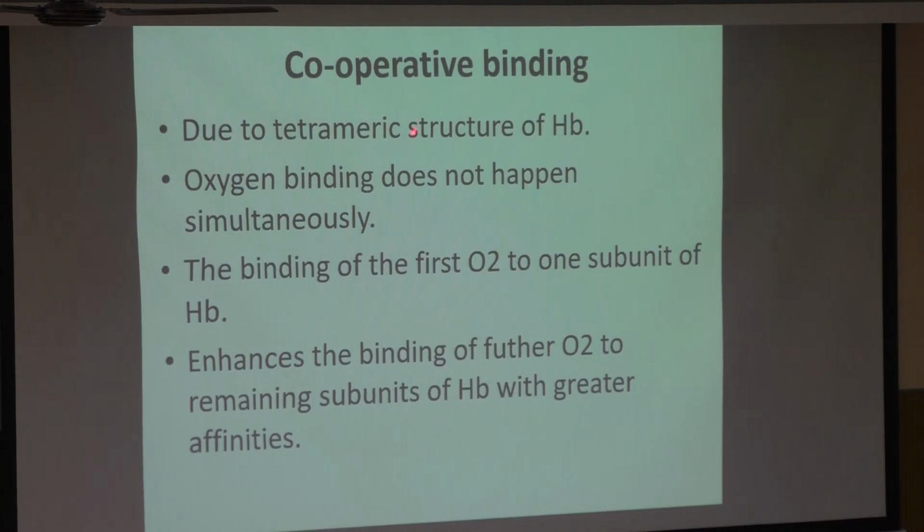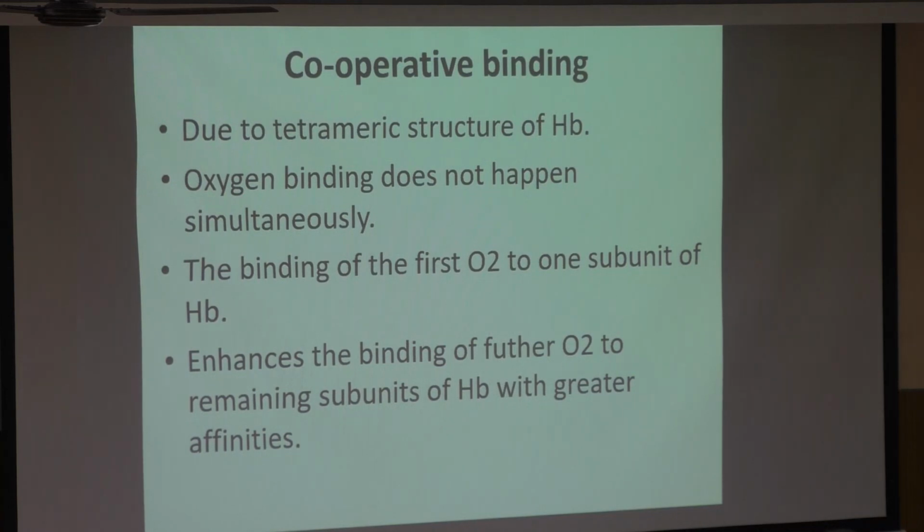Due to the tetrameric structure of hemoglobin, oxygen binding doesn't happen simultaneously. The first oxygen binds the first subunit, which enhances the binding of further oxygen to the remaining subunits because of the greater affinity. Because of that, there is a sigmoidal oxygen dissociation curve. If you consider hemoglobin as an enzyme and oxygen as a substrate, usually a hyperbolic curve would be there, ideally.